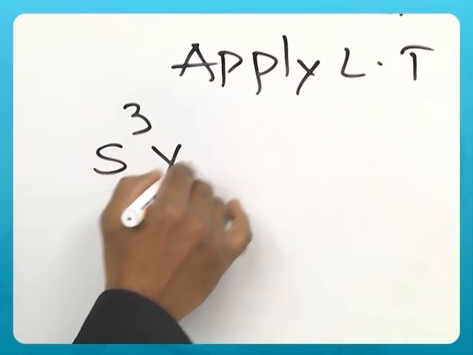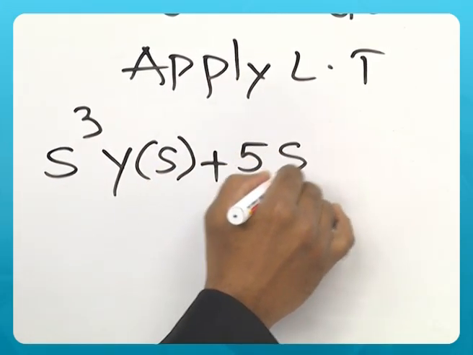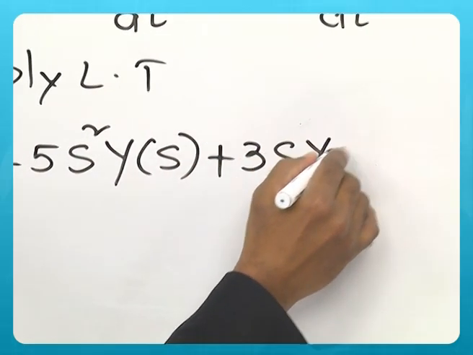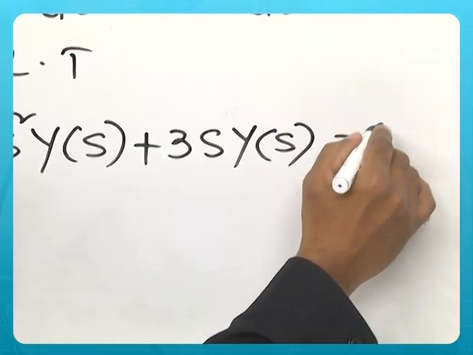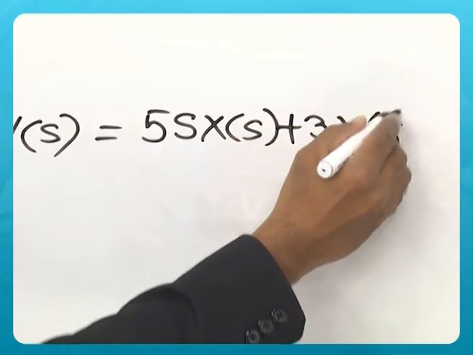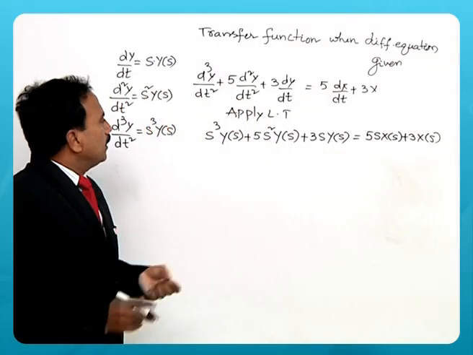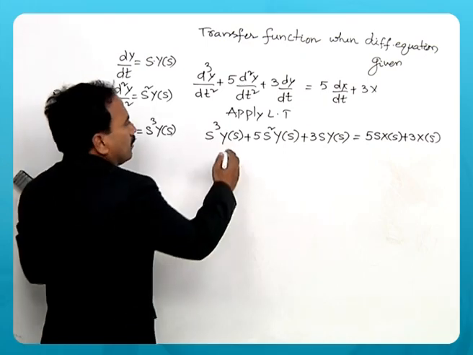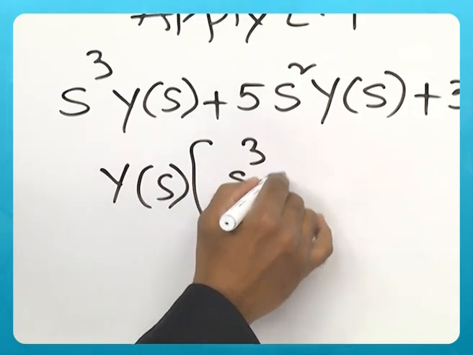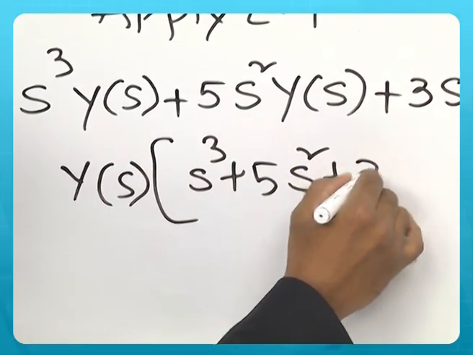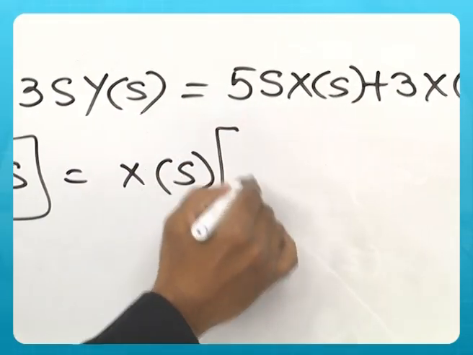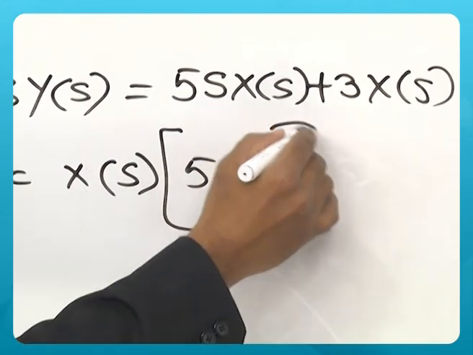So s cube y of s plus 5 s square y of s plus 3 s into y of s is equal to 5 s x of s plus 3 x of s. So, applying Laplace transform, then take y of s common here: s cube plus 5 s square plus 3 s, and here x of s is out, 5 s plus 3.